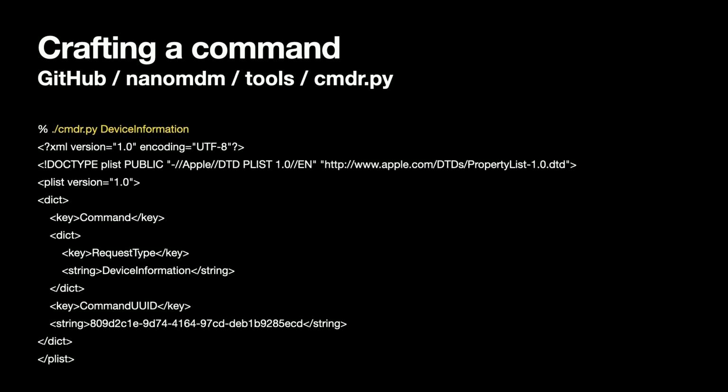And that can be pretty interesting because some commands are much more complex than others. The device info command, and this is exactly how I pulled up that slide from earlier, I just ran it through Jesse's tool. But the device info command is very simple. It's just a request type of device information. The client sees that, it says, cool, I'm going to send you back this list of information.